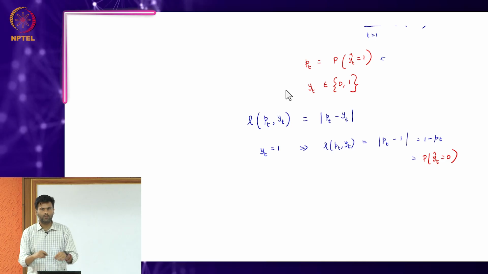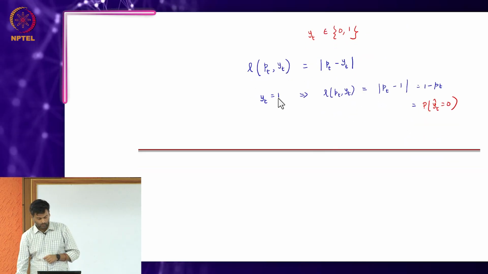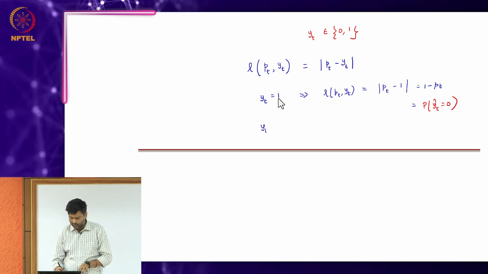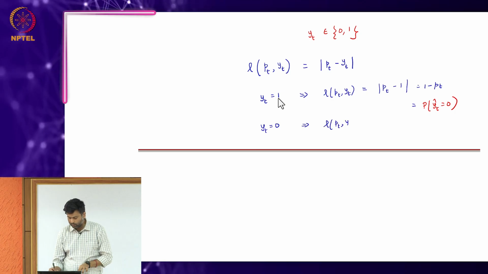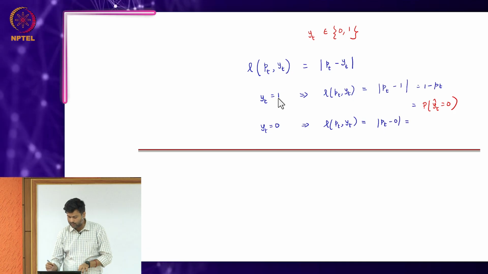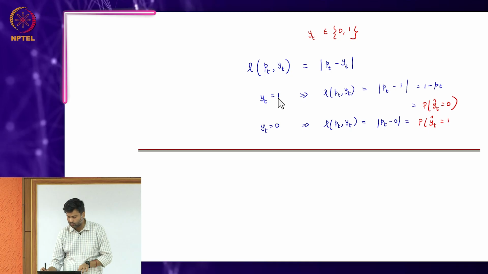Is this argument clear? It is just algebra, nothing magical going on here. On the other hand, if yt is 0, if the adversary says 0, now what is L of pt comma yt? Well, it is the absolute value of pt minus 0, which is simply the probability that y hat t is 1.